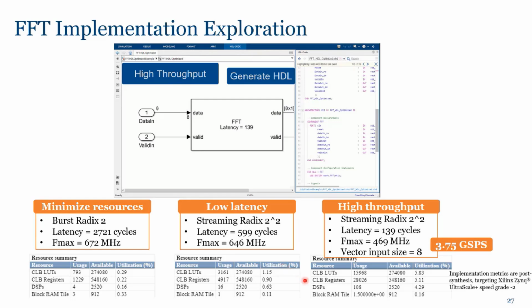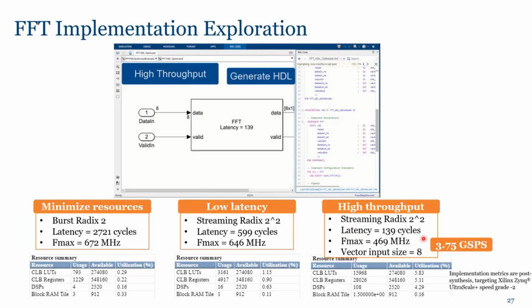When I say resources, I'm not talking about one resource in particular, but mainly DSPs, LUTs, and registers. And finally, when we wanted to achieve the gigasample per second throughput, we needed to reduce the latency, of course, but also increase the vector input size, where it was 1 for the first two examples.